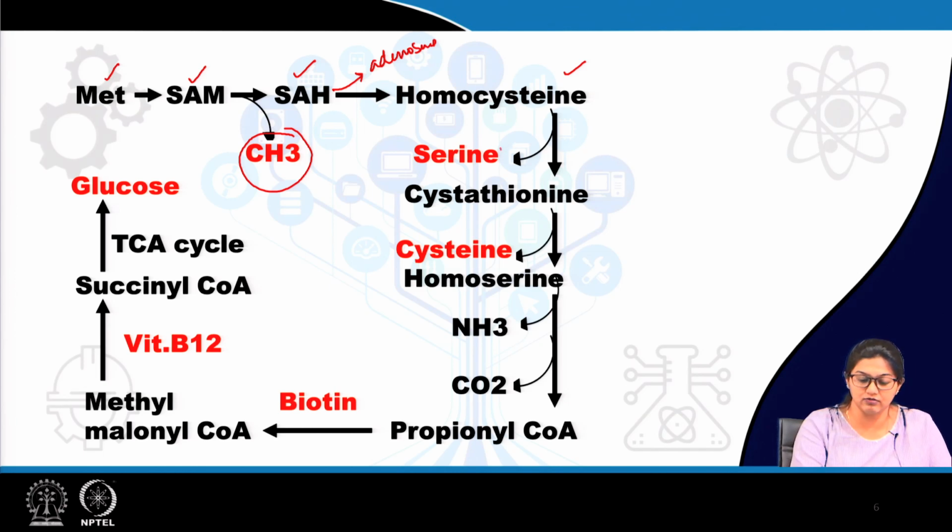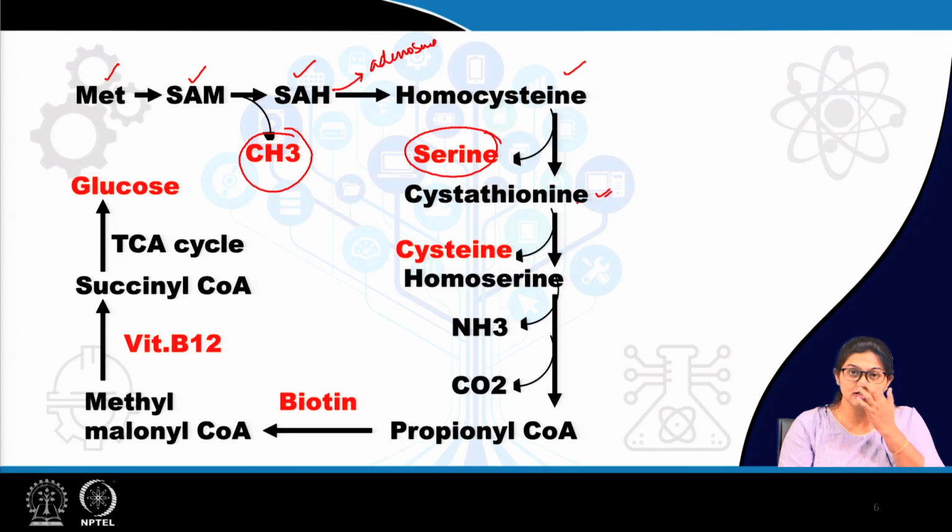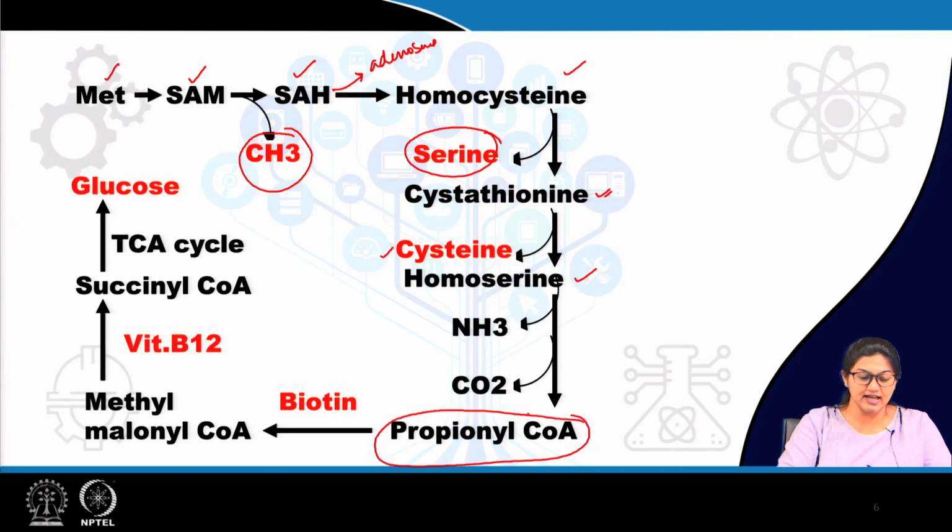Homocysteine when it reacts with serine, forms cystathionine. Cystathionine then forms cysteine and homoserine. Homoserine undergoes deamination and oxidative decarboxylation to form propionyl coenzyme A, and this propionyl coenzyme A takes part in gluconeogenesis.